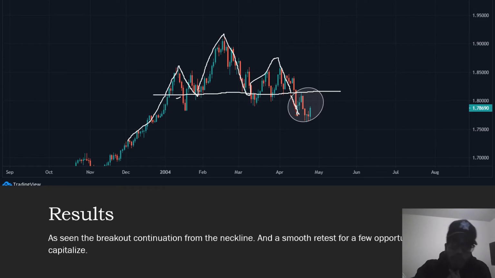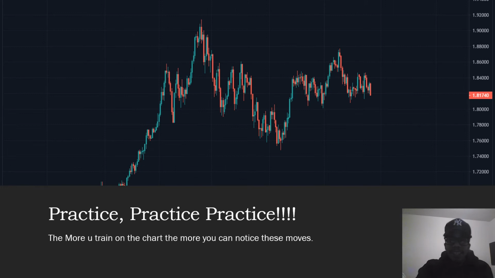And we can also wait for a safer retest trade back up, knowing that it's also going to continue on downward again. And that's how typically the head and shoulders would play out. It's all about practice, practice, practice. The more we train on these, the more we can notice these moves.